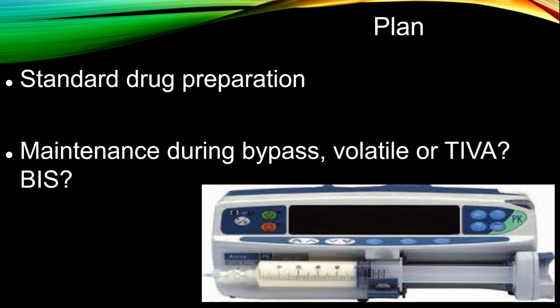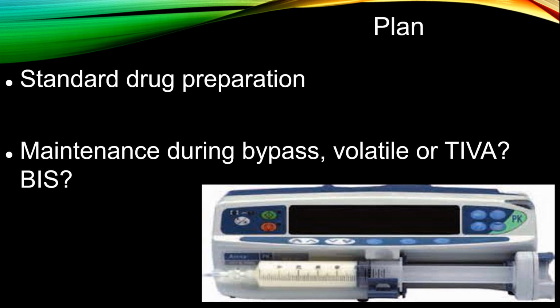In most centers, the bypass machine would have an isoflurane vaporizer for maintenance of anesthesia. During the bypass, we are not able to give sevoflurane from our vaporizer. So if the bypass machine has this facility, that's okay. We can use the vaporizer on the bypass machine.